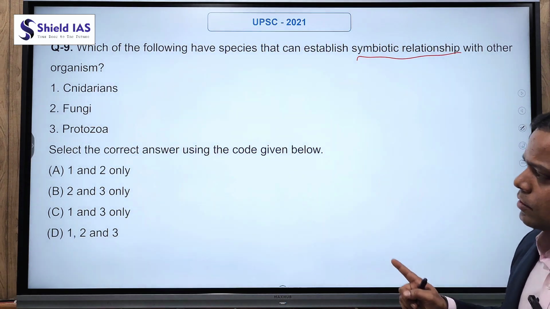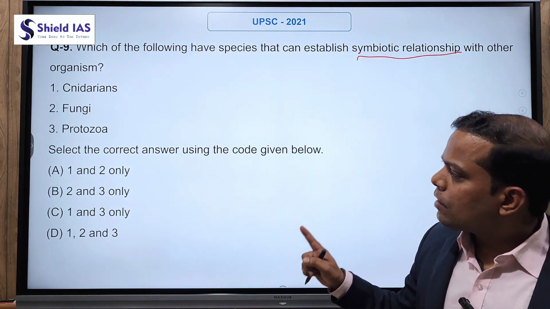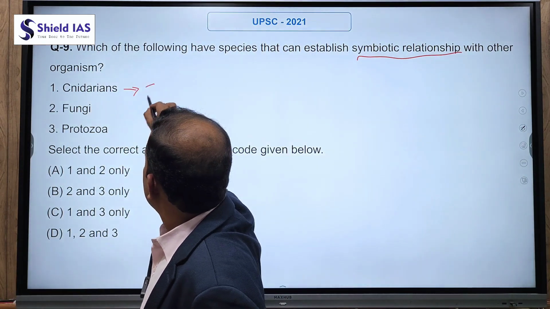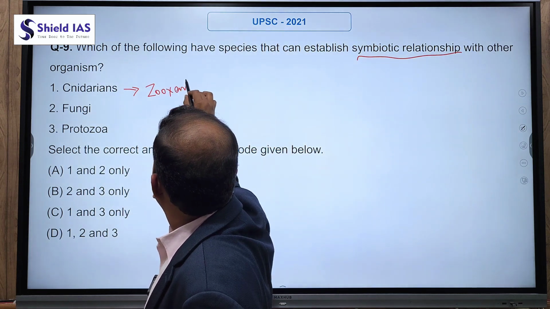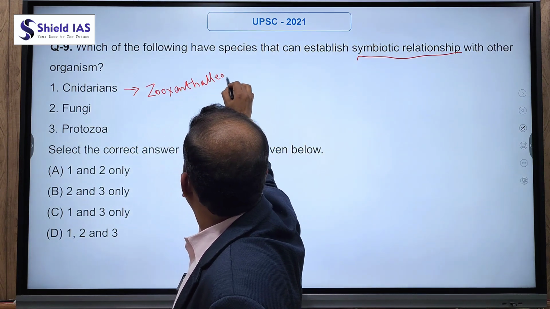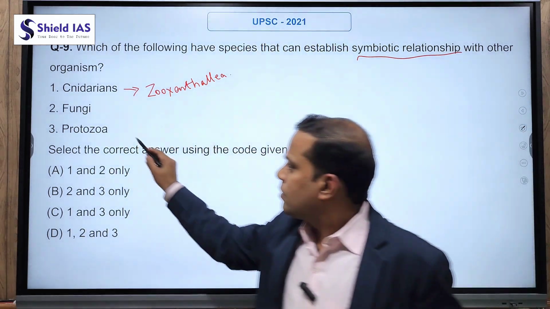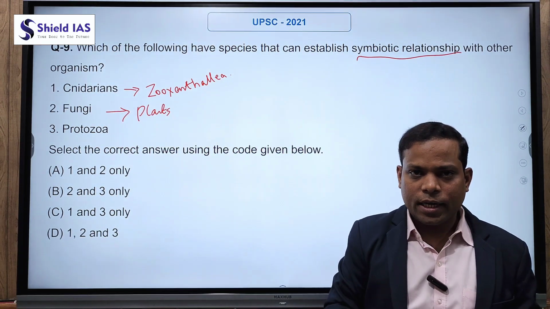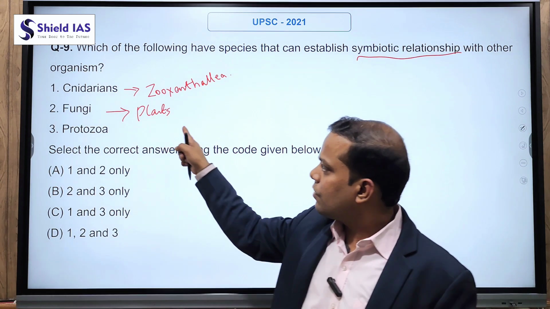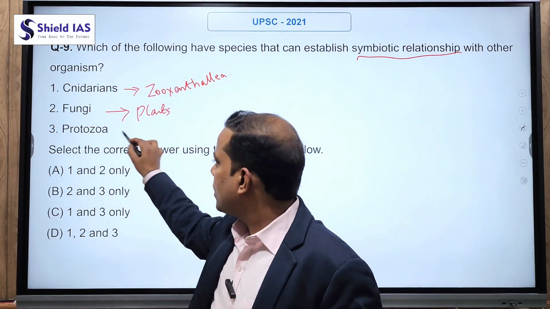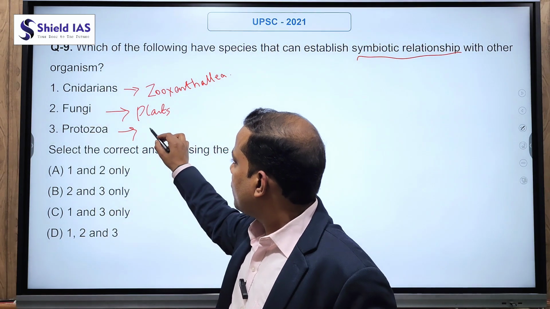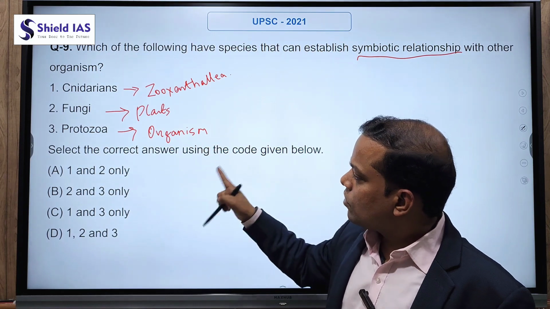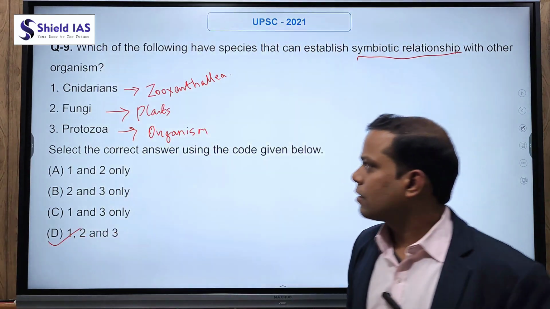So among the three organisms, cnidarians, fungi and protozoa: cnidaria have a symbiotic relationship with an organism known as zooxanthellae, and fungi have a symbiotic relationship with plants, because plants give nutrients to fungi and in return fungi give nutrients and water to the plants. And protozoa also have symbiotic relationships with other organisms. So here all three options are correct, that is D, 1, 2, 3 are correct.